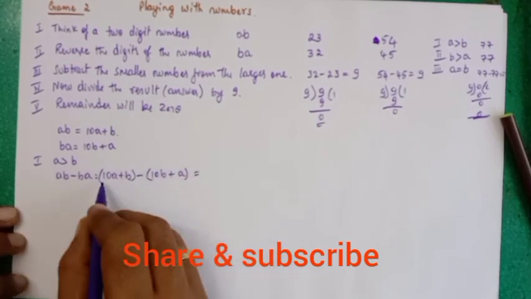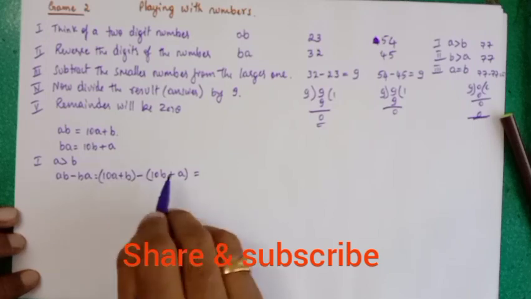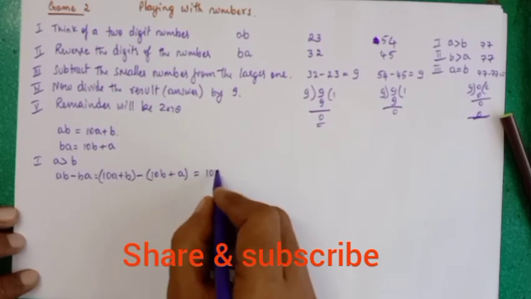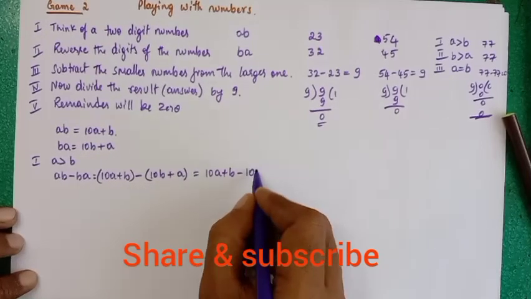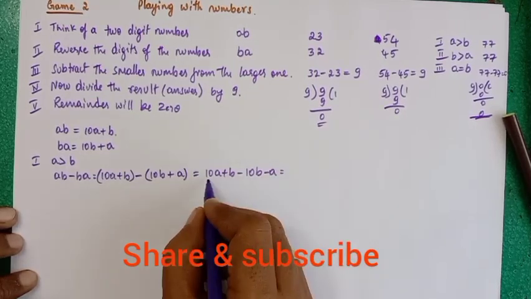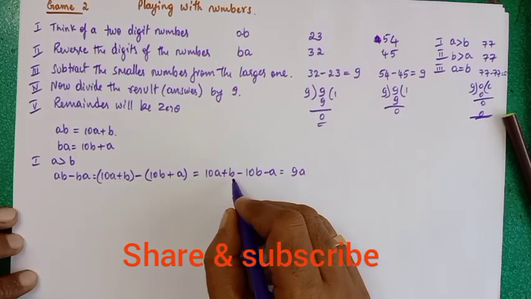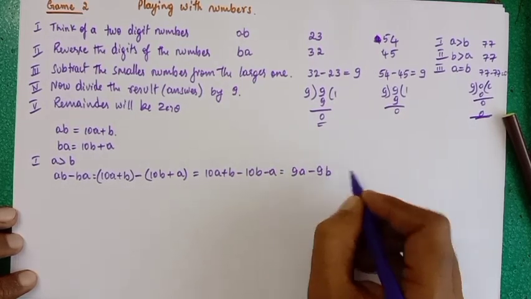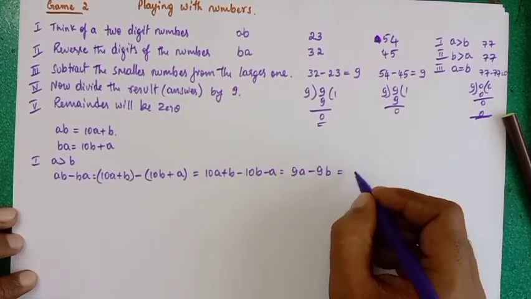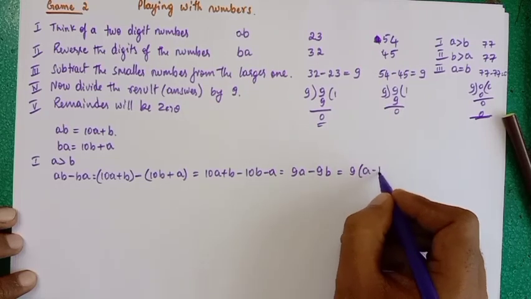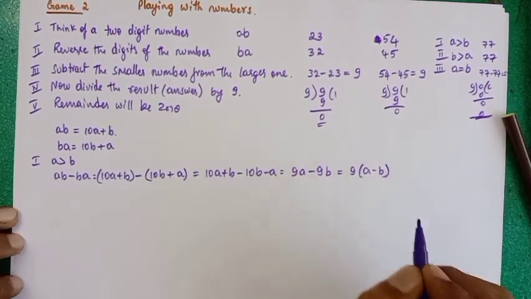The result will be 10A plus B minus 10B minus A, which equals 9A minus 9B. We can take 9 common: 9 times (A minus B).